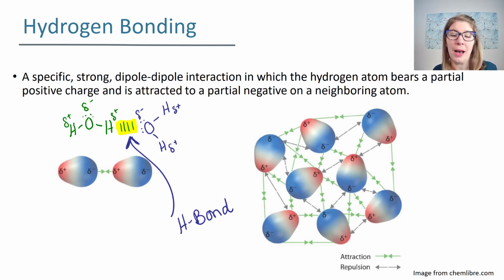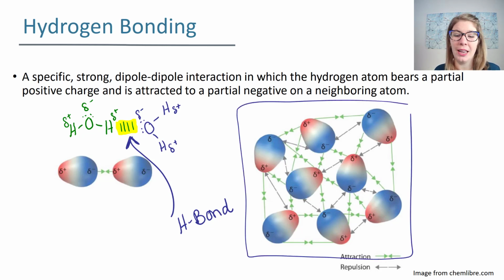So the cool thing about things that can hydrogen bond, like water, is they're hydrogen bonding all over the place. Like this diagram on the right is showing, we're seeing loads of attractions here. We're seeing that the positive on this end is attracted to the negative on the other end, right? And more attractions and more attractions and more.